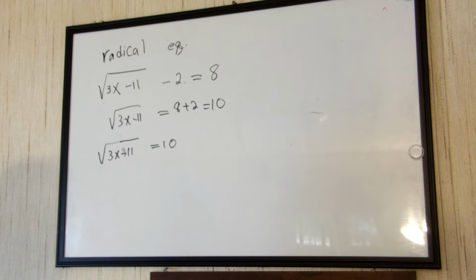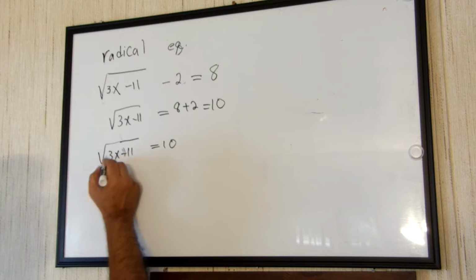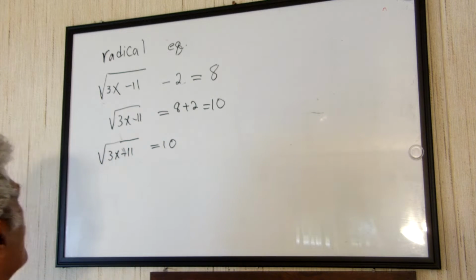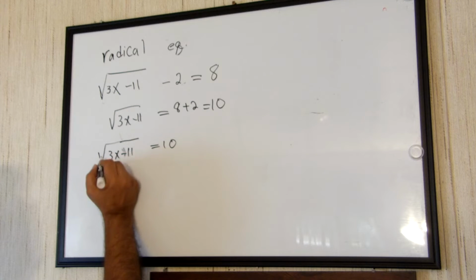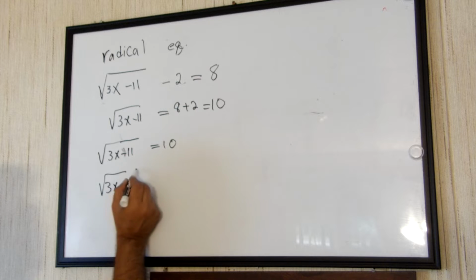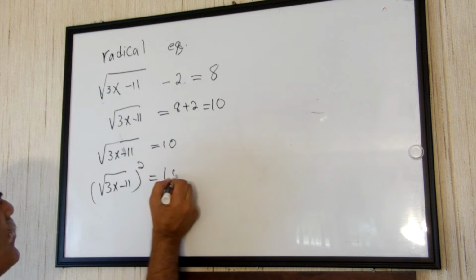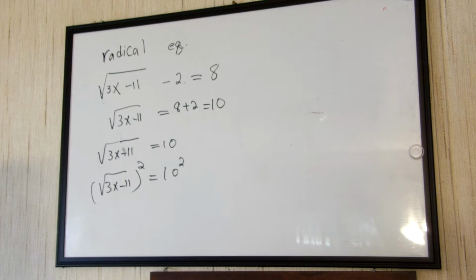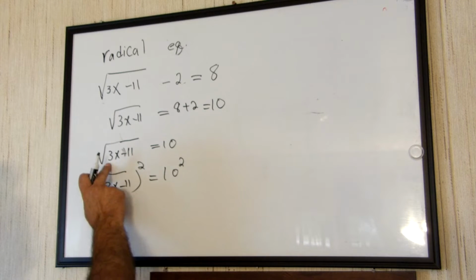Then you square both of them. If you square them, you eliminate the radical. So 3x minus 1 to the power of 2 is 10 to the power of 2, because when you do some operation on this side, you have to do the same thing on the other side.